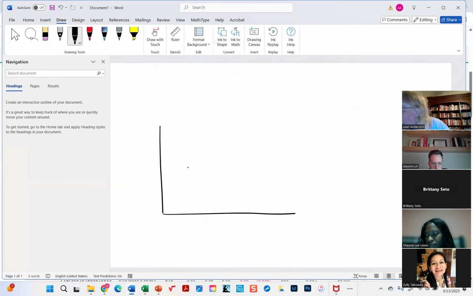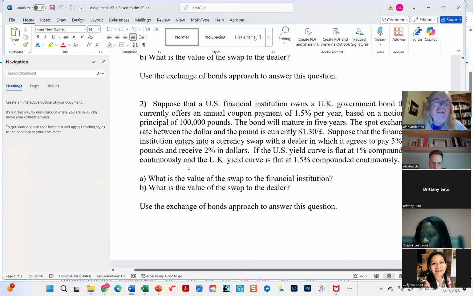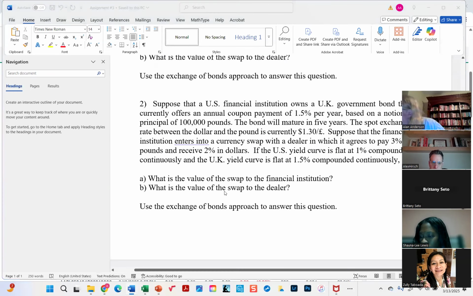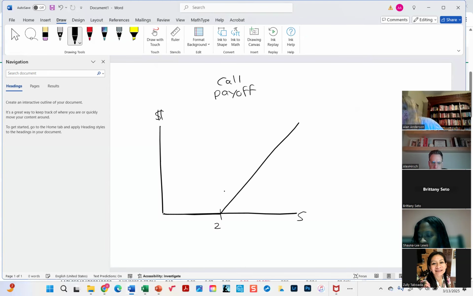So let's draw a little graph. This is the payoff to a call option. Let's say I've decided to buy this $200 call option on Apple right here, this one. And the price they're charging me is $14.10.